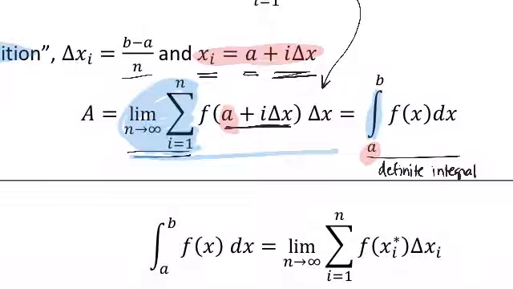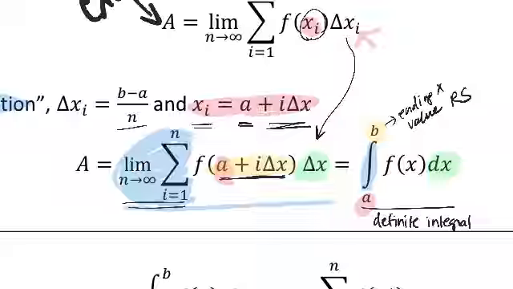This b is the ending x value for the Riemann sum. And then this dx right here, the delta x becomes a dx, right? And a plus i delta x, these are really x sub i.